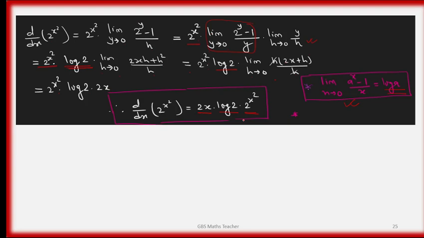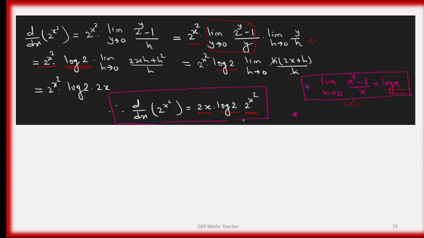Then limit h tends to 0, sine C minus sine D. Firstly we have expanded this, and then here we have applied the formula 2 cos of (a plus b) by 2 times sine of (a minus b) by 2. These two x squares cancel, leaving h.